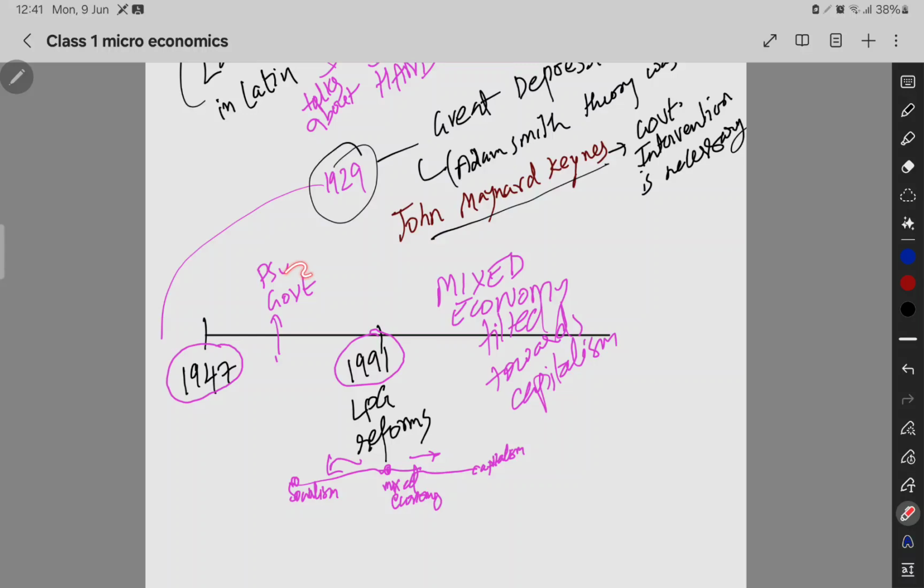Even fresh graduates would join public sector units instead of joining corporates. Now, companies like Infosys, they are willing to work for PSUs. So after LPG reforms, people started seeing a future in the industrial companies.